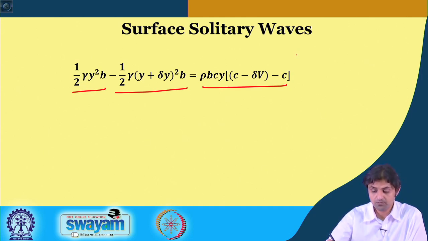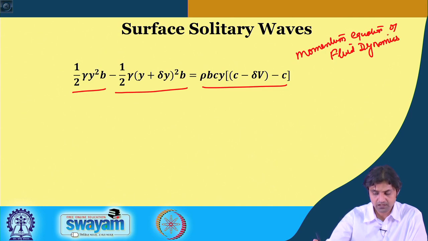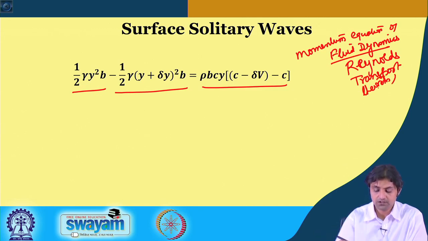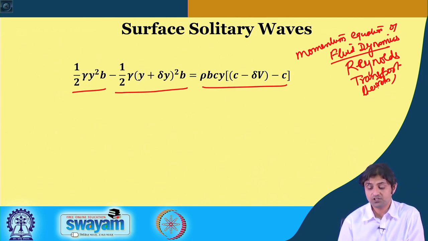You remember this from the momentum equation of fluid dynamics, which was obtained from the Reynolds transport theorem: mass flow rate into the velocity change.